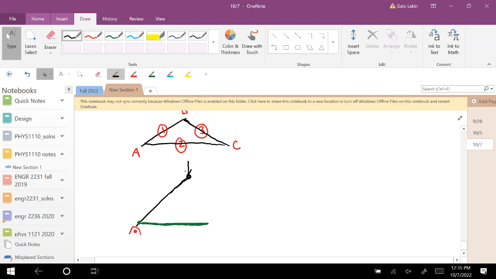This external force is going to be connected to member 1, and member 3 is going to be connected to member 1. And then the roller is going to be connected to member 2 at C.